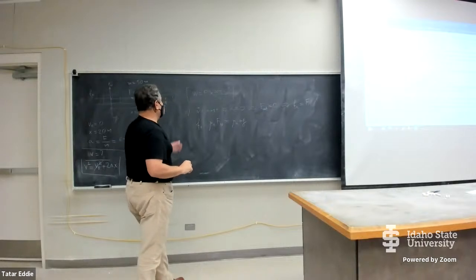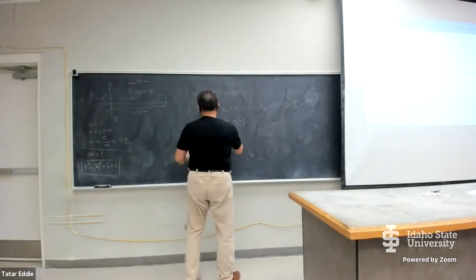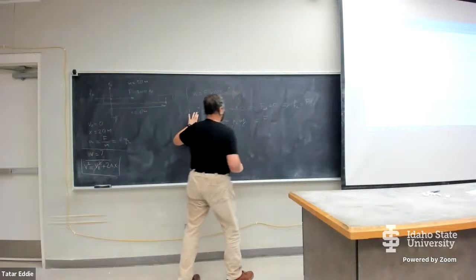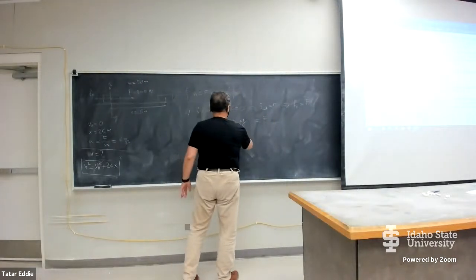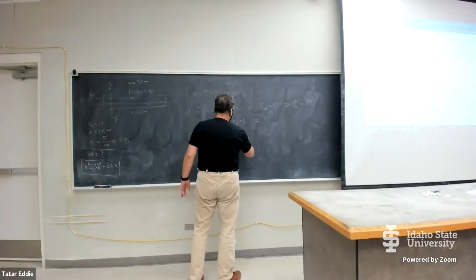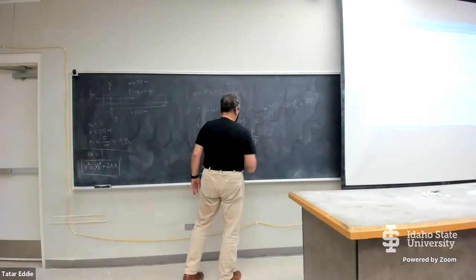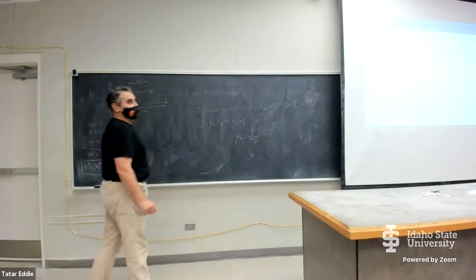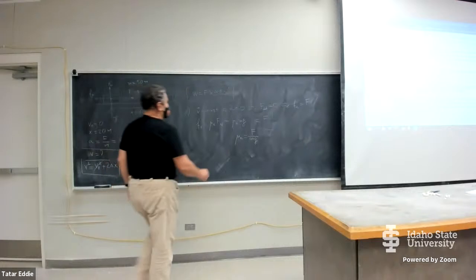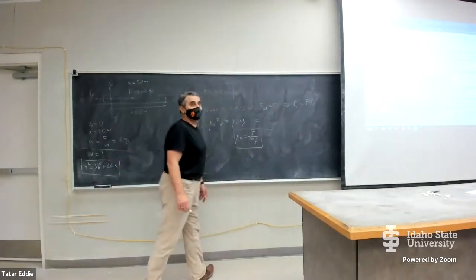So the condition for constant speed means this friction force should be equal to your pulling force F. In other words, the coefficient of friction should be the pulling force divided by mg. So this is the answer for part C. Great.